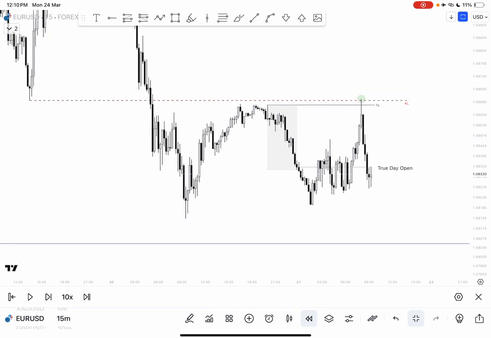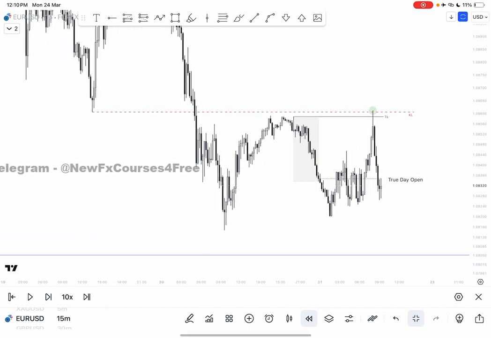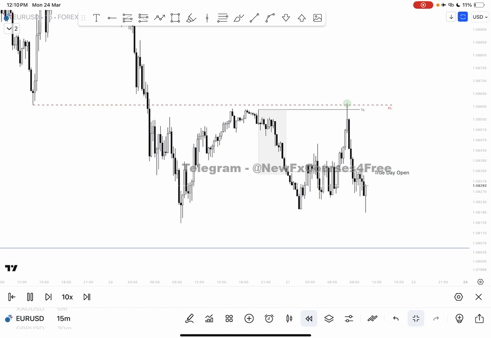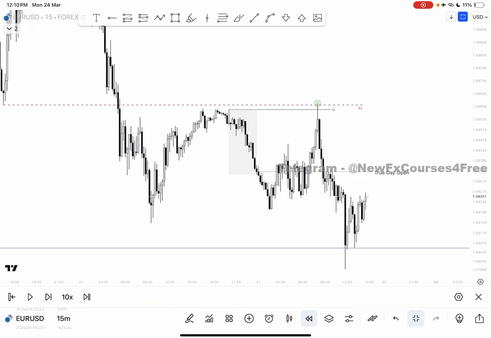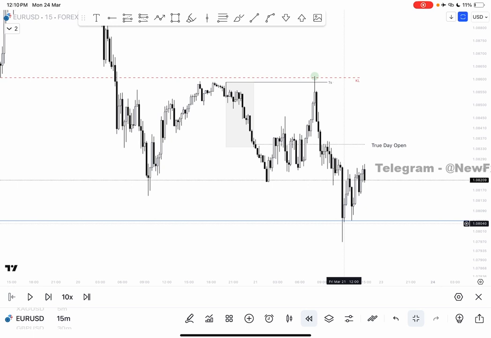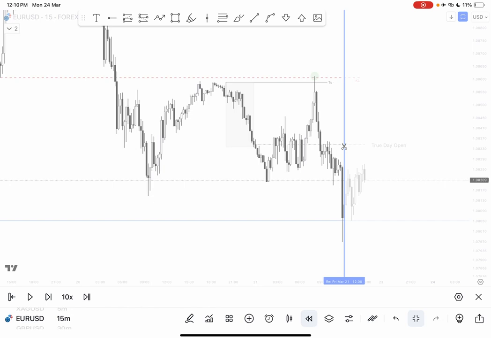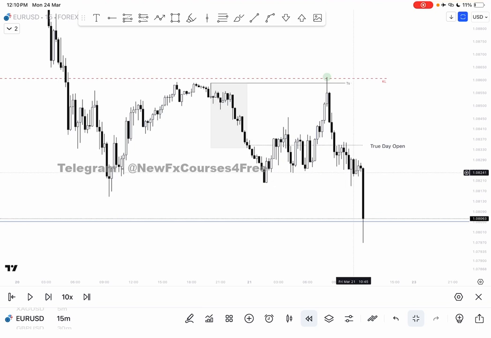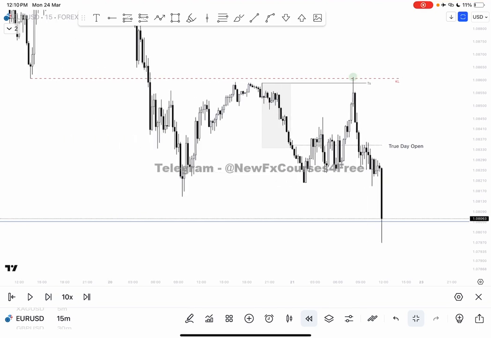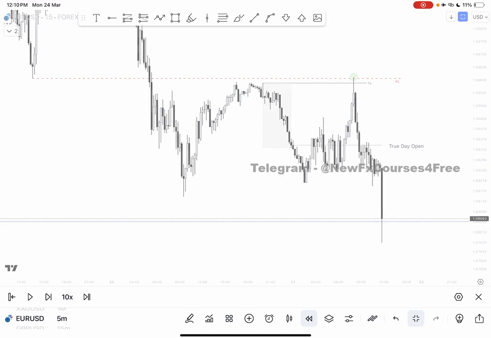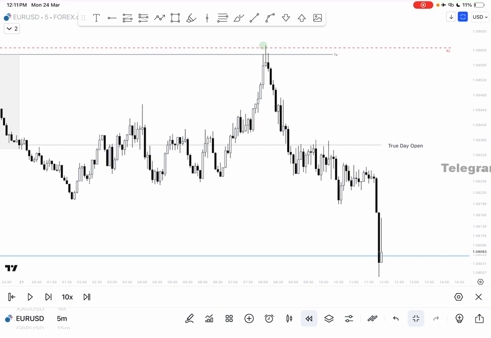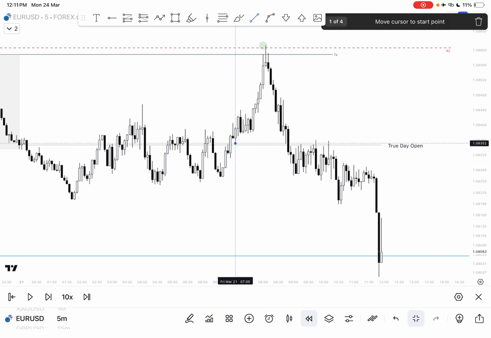Hope I'm making my point clear. So we got a dump below this old low, which was our weekly low. That's your previous week low as your draw on liquidity. If you go to the lower time frame, you will actually find another entry opportunity.